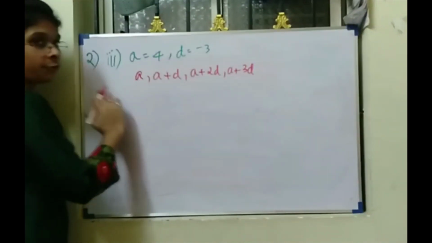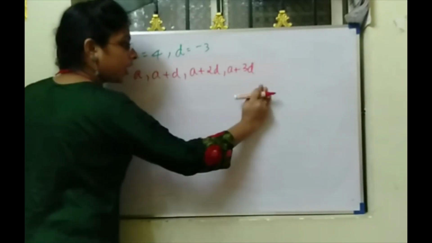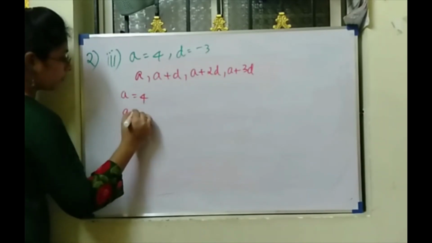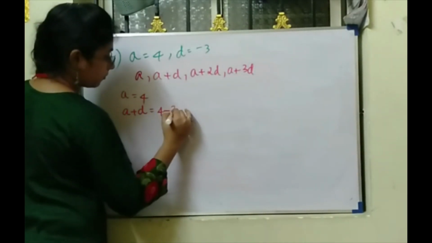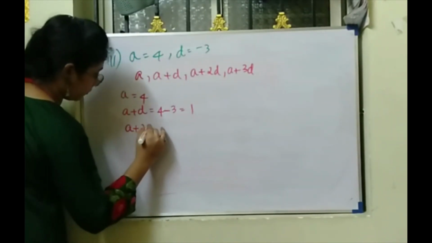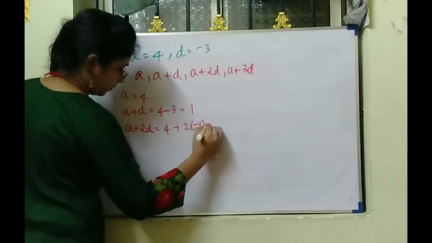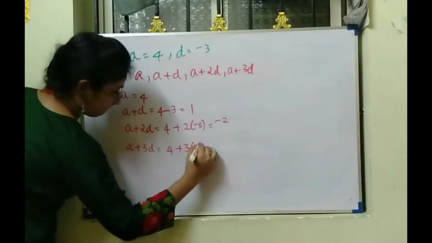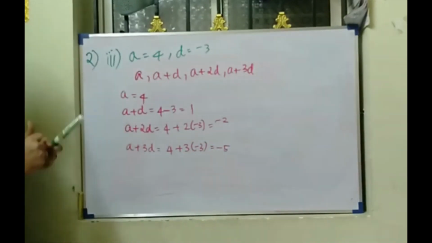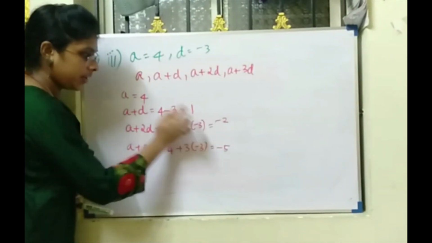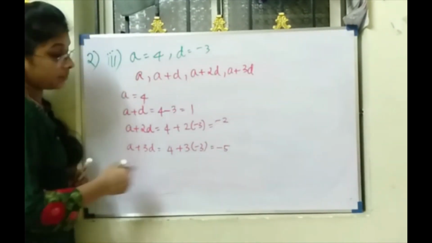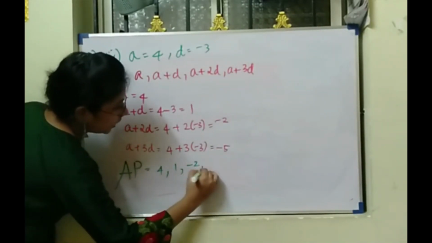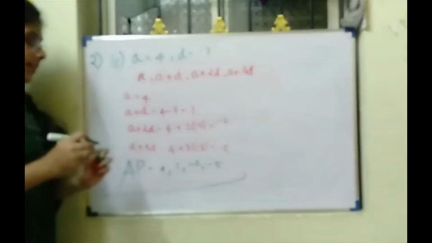I have used only four terms because they asked us to find only four terms. The first term is 4, the second term will be 1, the third term will be -2 and the fourth term will be -5. So the AP is 4, 1, -2, -5. So this is the required AP.